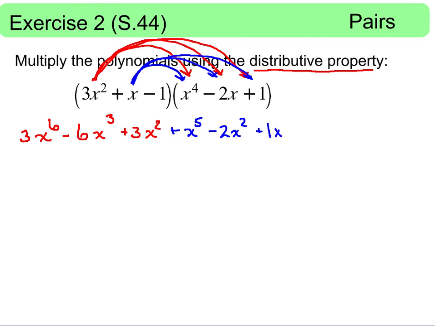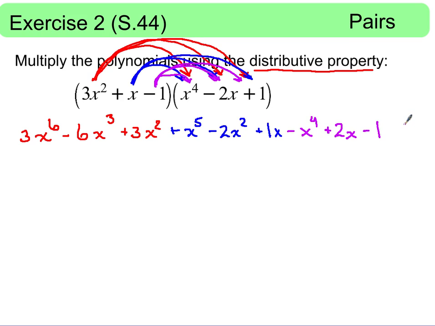We do have one more additional term to address, and that's this negative 1. So one more time, negative 1 times x to the 4th is negative x to the 4th. Negative 1 times negative 2x is a positive 2x, and then a negative 1 times a 1 is a negative 1.